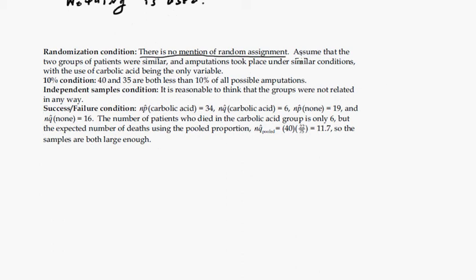Okay, so in order to proceed, we're going to have to assume that the two groups of patients were similar and that amputations took place under similar conditions. So there was only one variable. So this is required for an experiment.